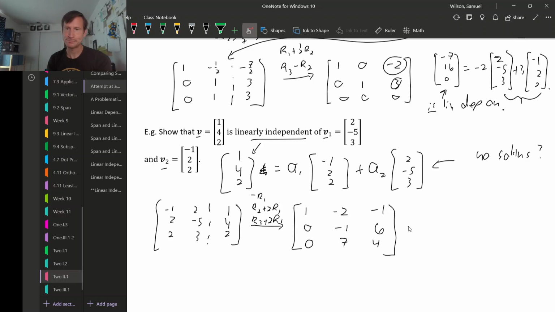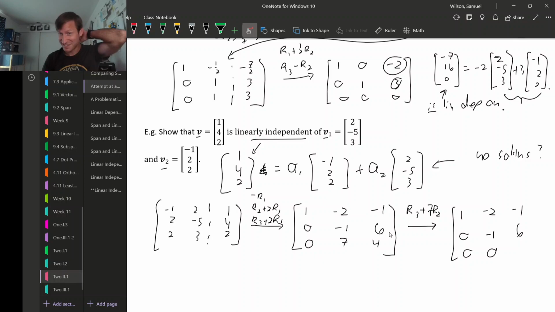Okay. And now we can do row 3 plus 7 times row 2. We get 1, minus 2, minus 1, 0, minus 1, 6, 0, 0, and then, let's see, 7 times 6 is 42, plus 4 is 46. Okay.